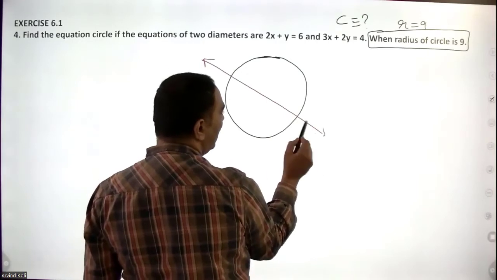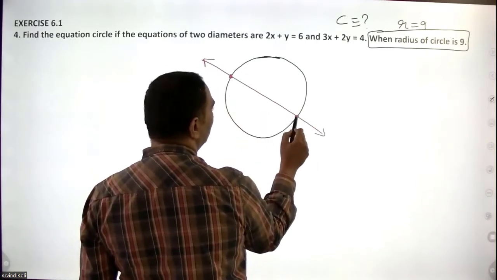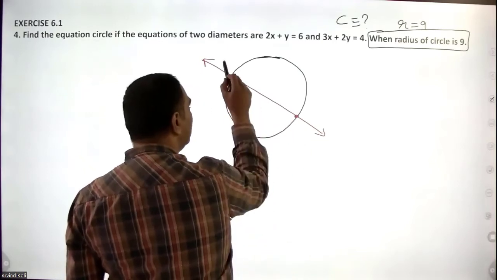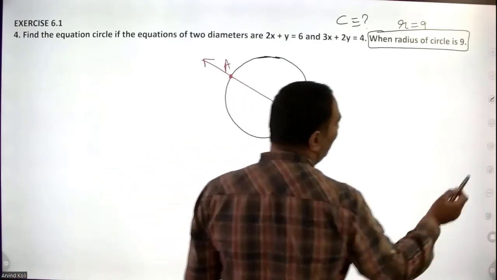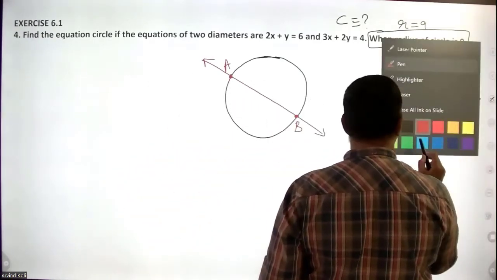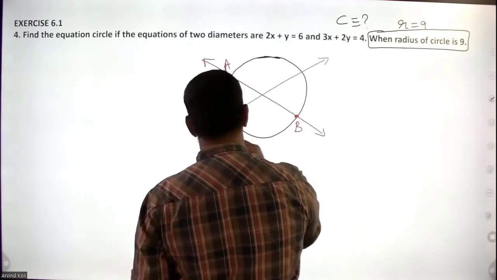Let's say this is the first diameter. And we have one more diameter, so let me draw it like this.